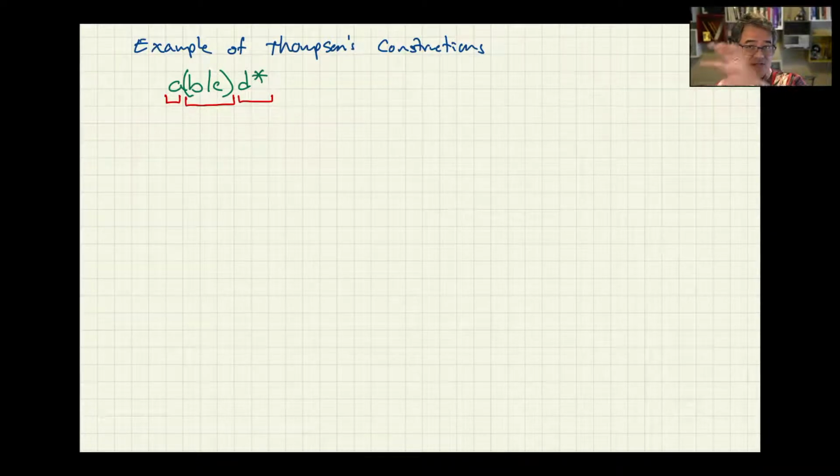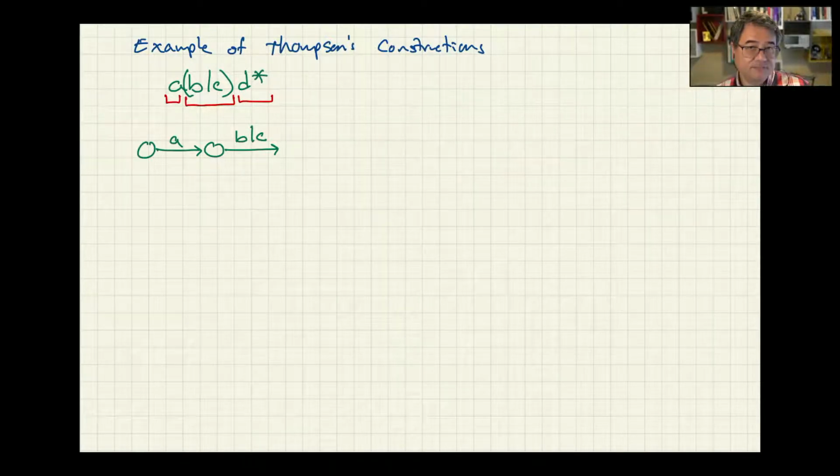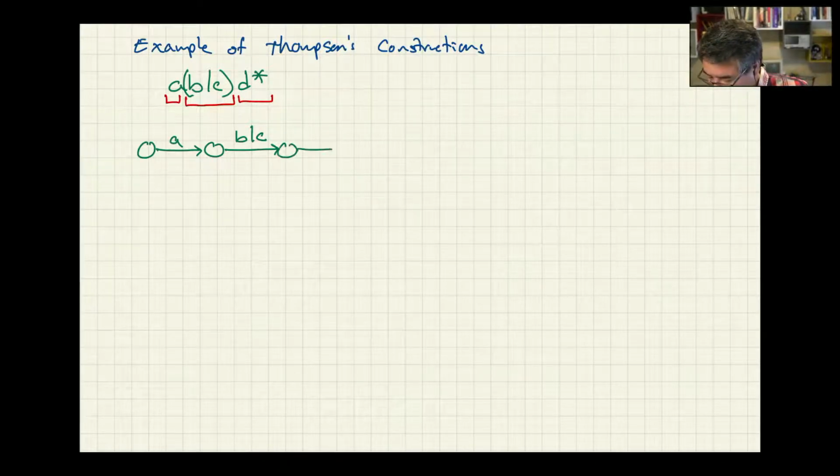So I'm going to make a sequence out of those three pieces. Here's my A piece, and I'm not even going to break down the B or C just yet. I'm just going to write it as B or C, and then here's my D star.